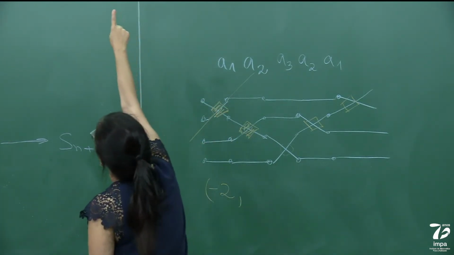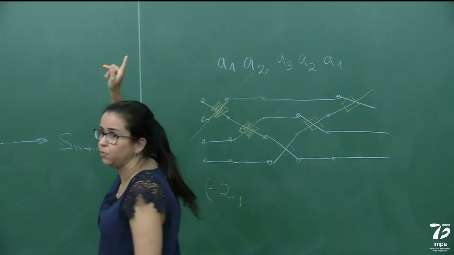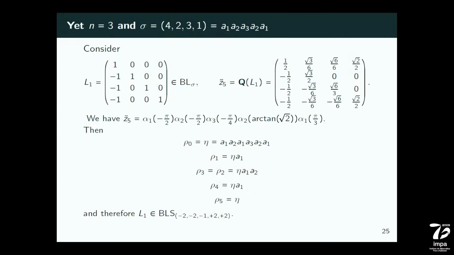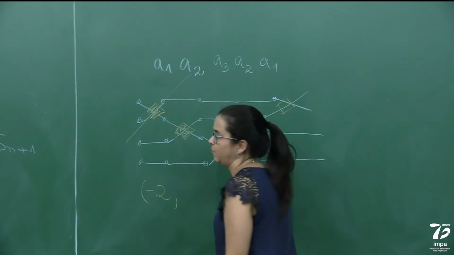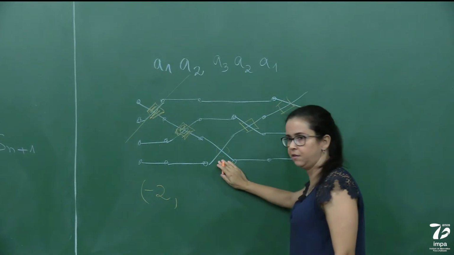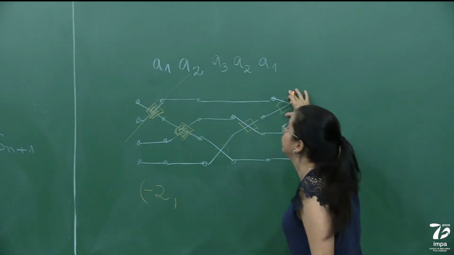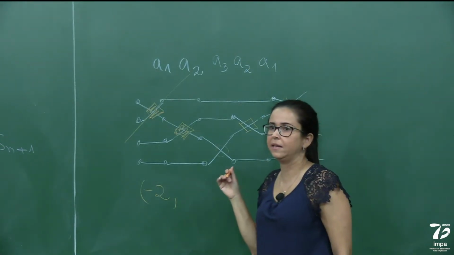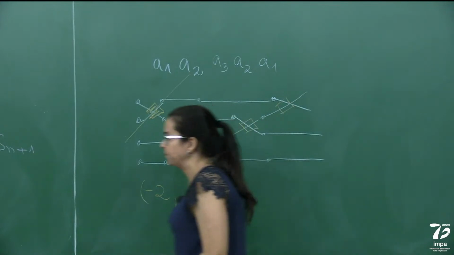So rho 3 is eta, A1, A2, I put there the generator, and the number of inversions went down again. Then rho 4 is like that. So look, I need to come back to the permutation eta. In this case, I can't take the generator, so I take this one, A2 and A1. I start and I come back, so these are the conditions.